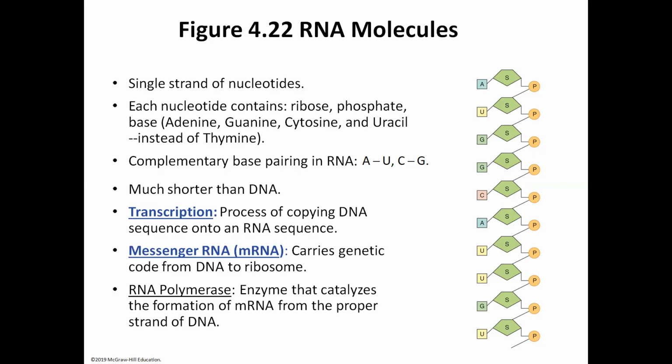It carries the genetic code from the DNA to the ribosome. And what allows us to form this RNA in the proper strand is this enzyme called RNA polymerase. So again, if you see the ASE at the end, it's an enzyme, a biological catalyst that speeds up chemical reactions.